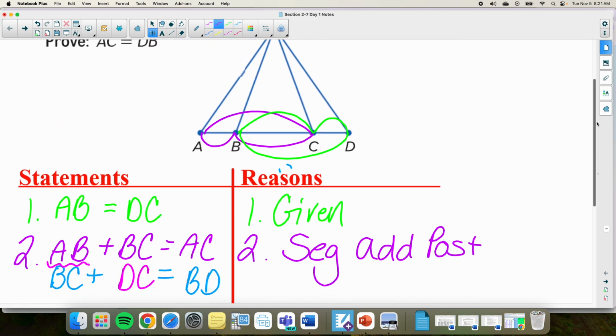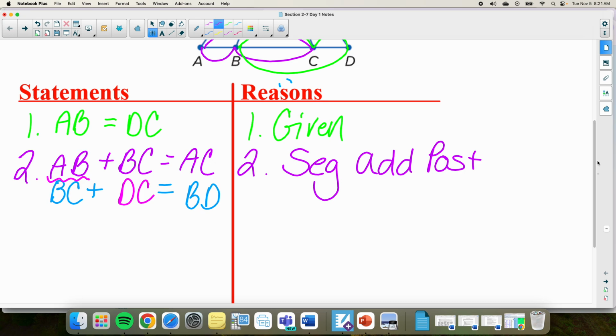What I eventually want to get is that this right here is equal to this, okay? To do that, what I would want is I'd want to get these two to look the same, because we talked last week a lot about if these two sides of your equation are the same, those two would be, and vice versa. So if I could get these two to look identical, that would mean these are equal.